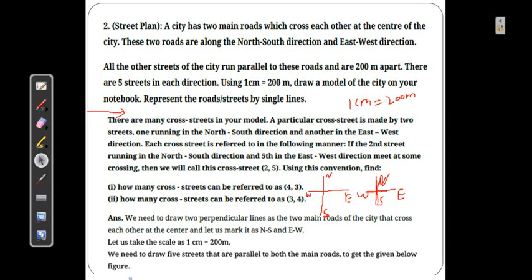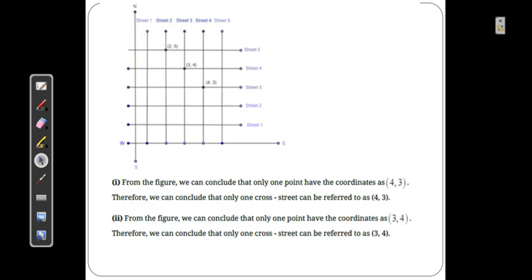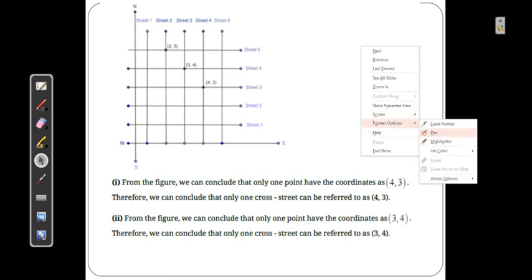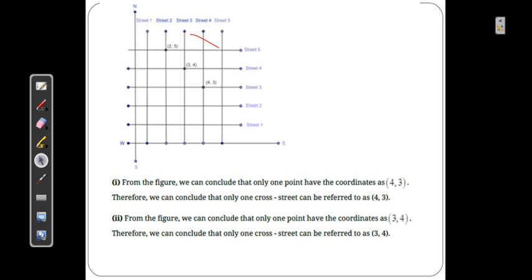You may draw this figure in your book. See, first we make these two intersecting lines. This is north-south and this is east-west.